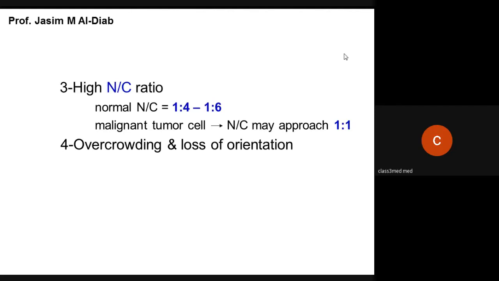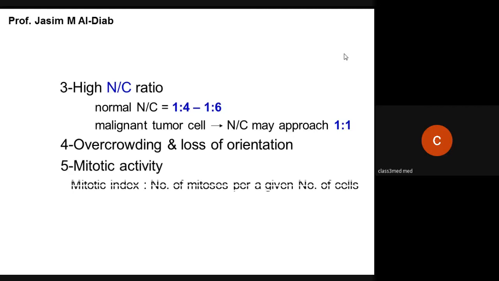With the overcrowding, there is loss of the normal orientation. For example, in the epidermis, you have the basal layer, columnar epithelial cells, and then keratinocytes, which are oval, polygonal in shape. On the surface, we have the spindle, squamous cells, and then the sequence. This will be lost in the malignant tumors.